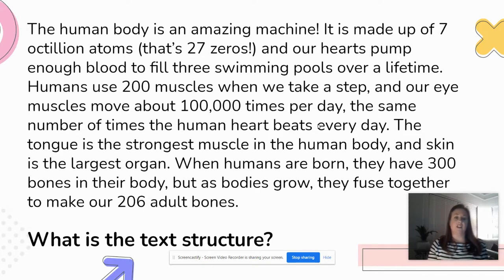The tongue is the strongest muscle in the human body, and the skin is the largest organ. When humans are born, they have 300 bones in their body, but as bodies grow, they fuse together to make our 206 adult bones. Okay, so take a moment and figure out what the text structure might be.